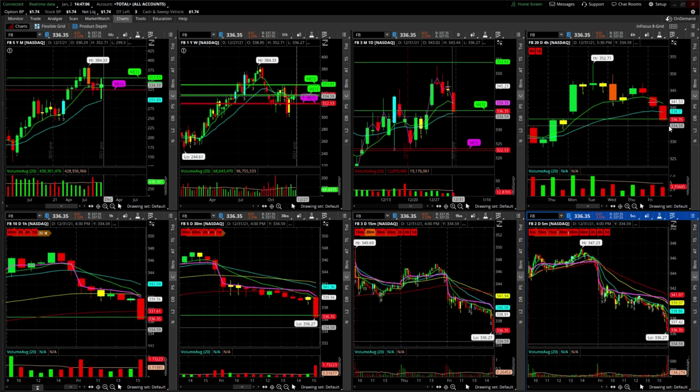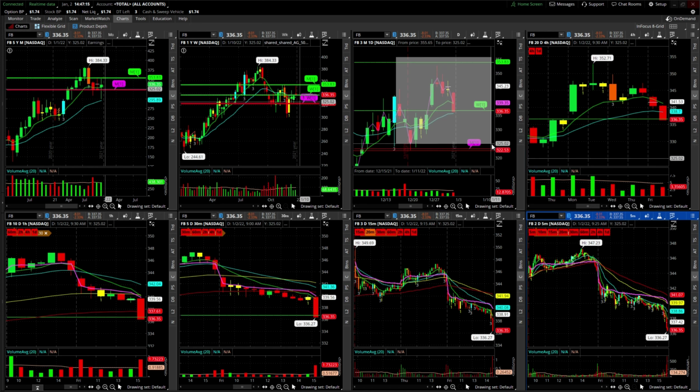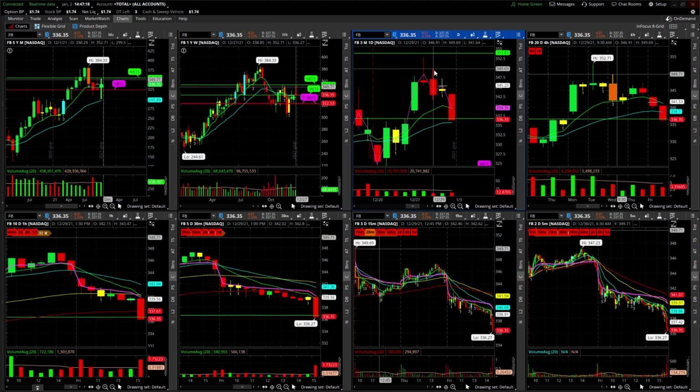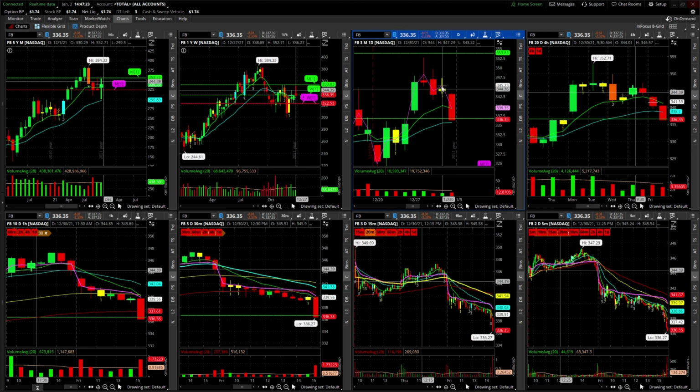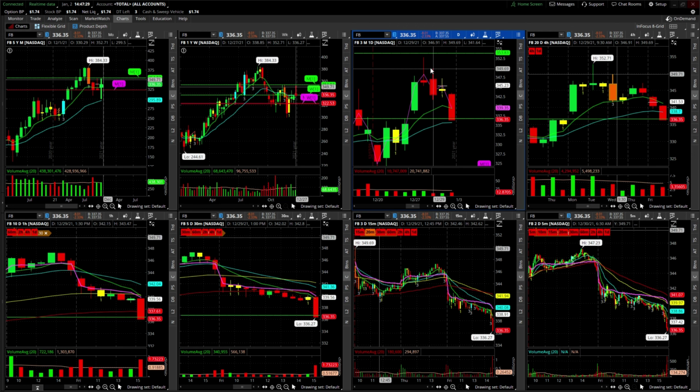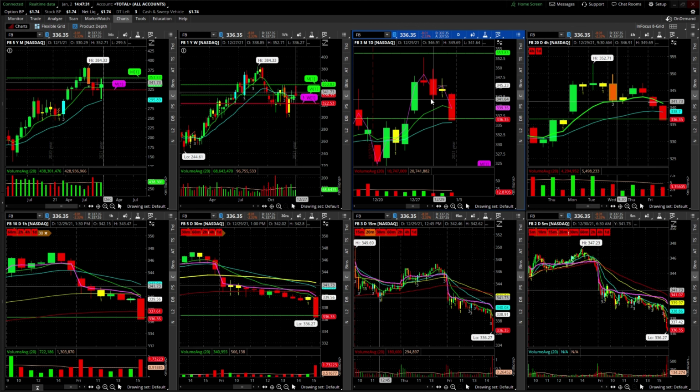A lot of times we'll get caught up in a move that doesn't do anything because it hasn't really broken any price level ranges. For example, before we end this video here, from this day on 12/29, the following day had an inside candle. So when you have an inside candle, there's no real direction. It's not breaking above the highs of the day. It's not breaking below the lows of the day.